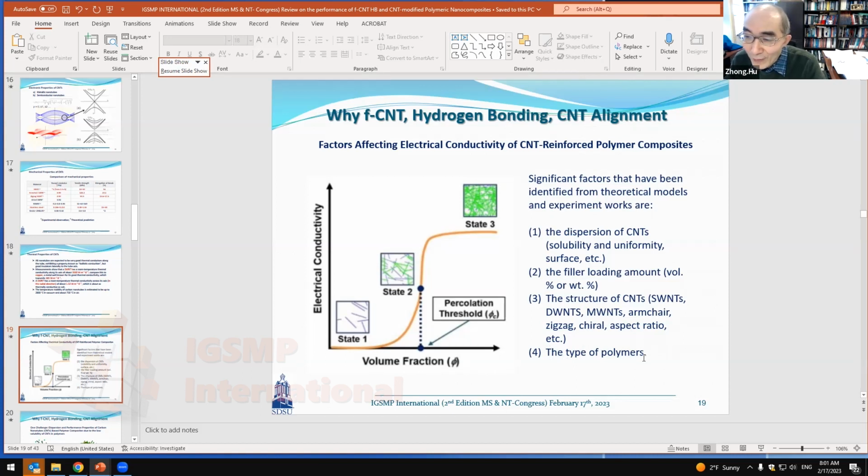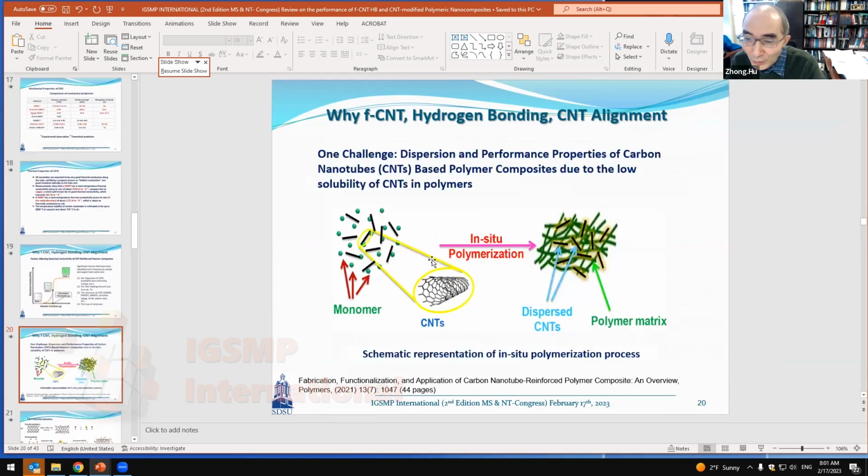So many factors will influence the performance of carbon nanotube modified nanocomposites, you can imagine. So we won't be able to talk too much. For example, this is just one simple picture for the dispersion, how the carbon nanotube eventually will disperse into the polymer with good uniformity.